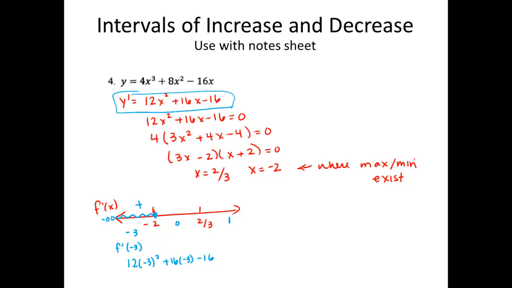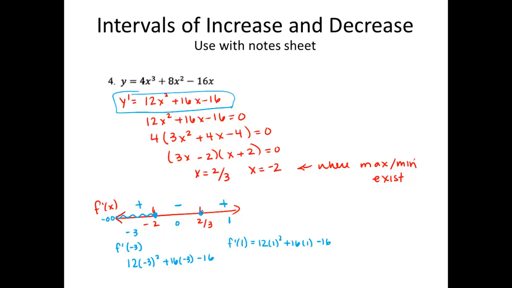What happens when I test 0? So if I put in a 0, I get a negative because it'll wipe out the 12x squared, it'll wipe out the 16x and leave me with a negative 16. If I use it over here and I substitute in a 1, I have f prime of 1, again into the first derivative, is 12 times 1 squared plus 16 times 1 minus 16, and I end up with a positive.